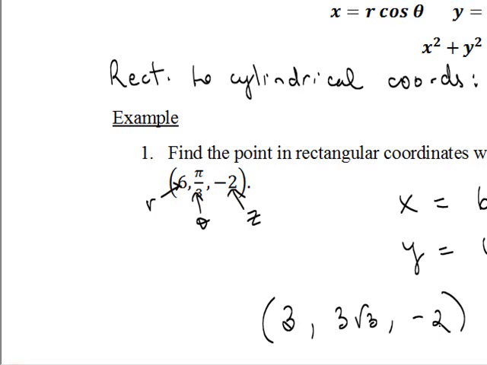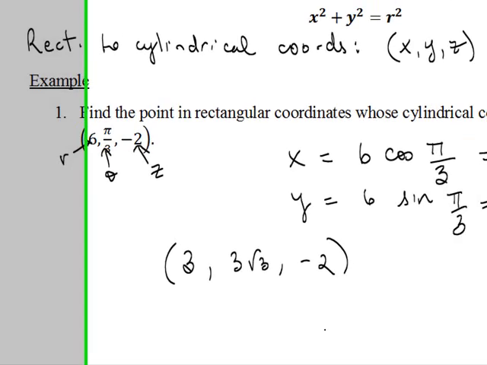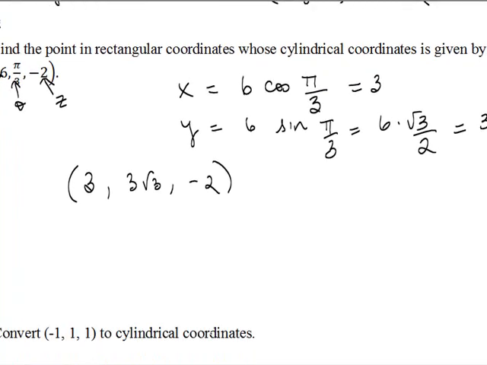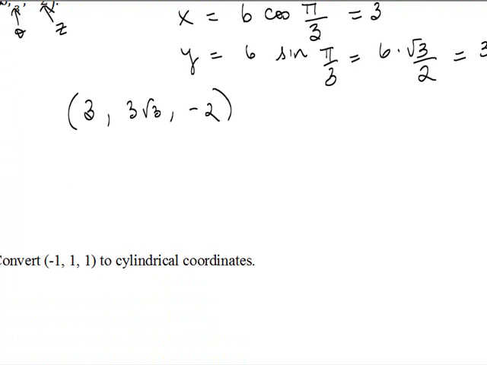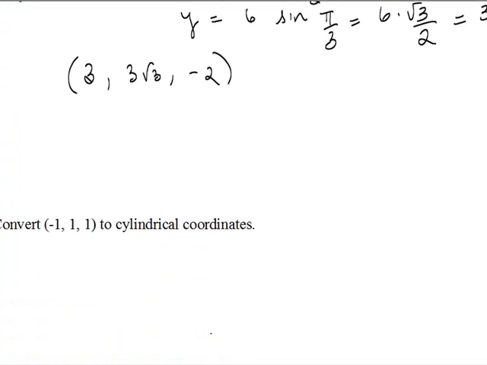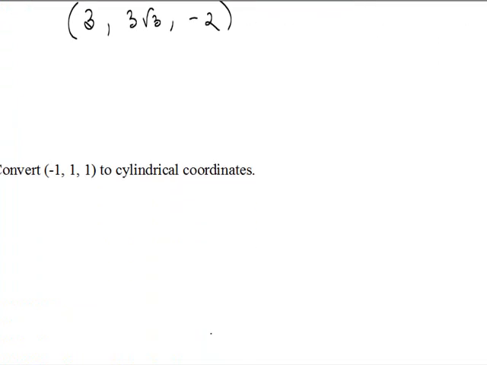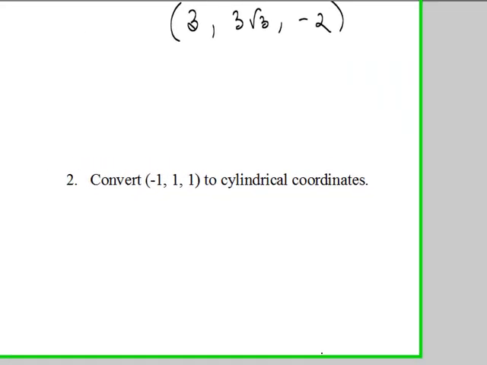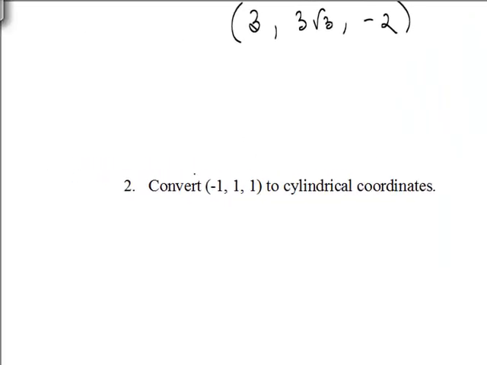Okay, let's do the other way now. We now want to convert from rectangular to cylindrical. So basically it's the same thing you used to do when you used to convert to polar. So the z remains as 1, but these you need to convert to r and theta.